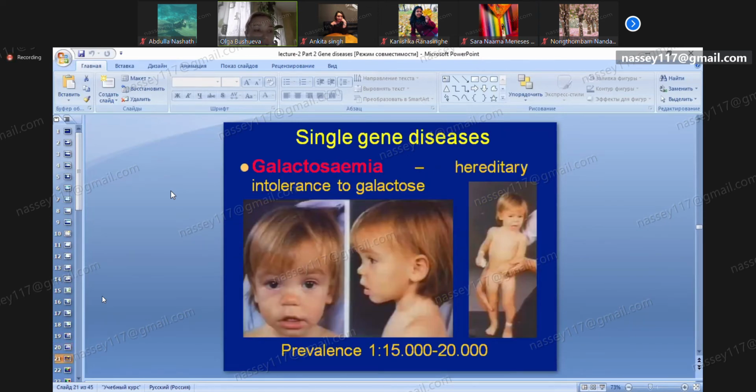Second disorder is galactosemia. Galactosemia is hereditary intolerance to galactose.